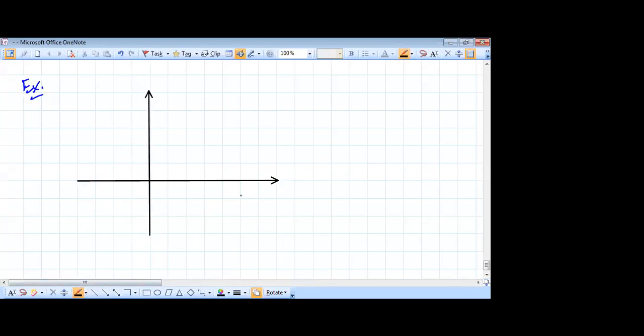XY प्लेन में सपोज मुझे दो वेक्टर्स ऐसे दिए हुए, दिस इज वेक्टर E, इसका मैग्नीट्यूड 15 यूनिट्स है.